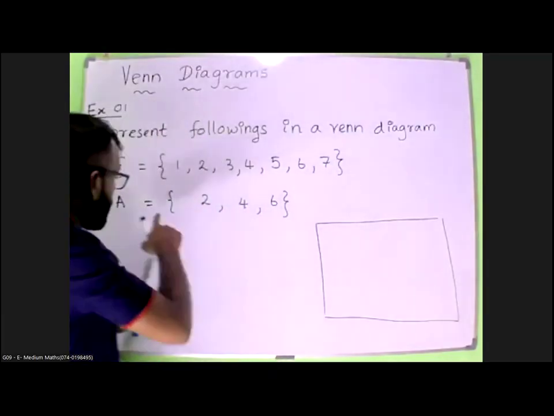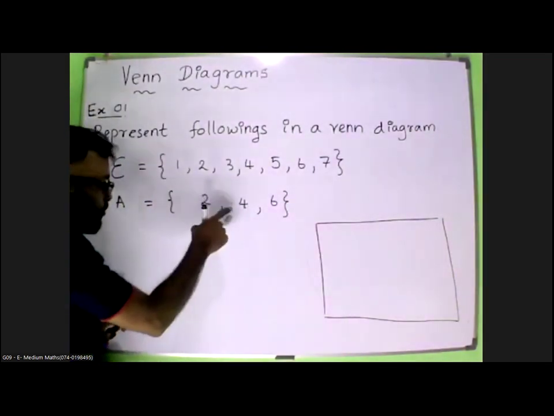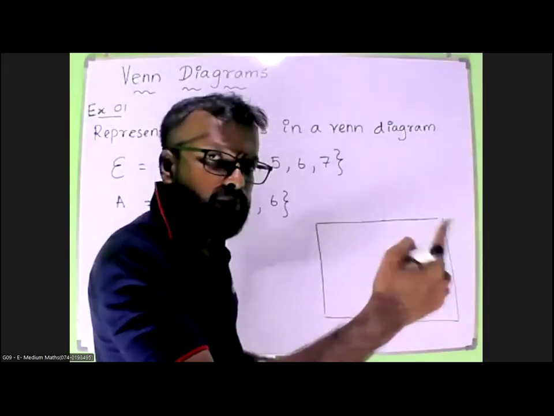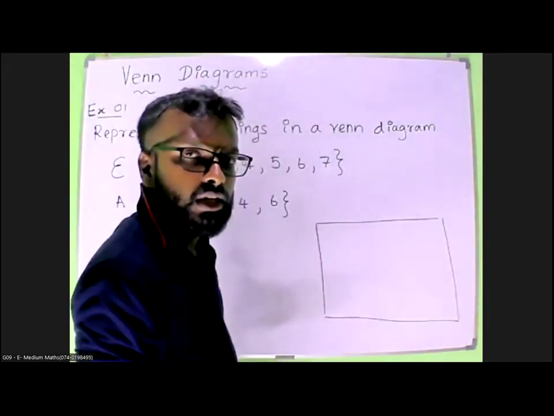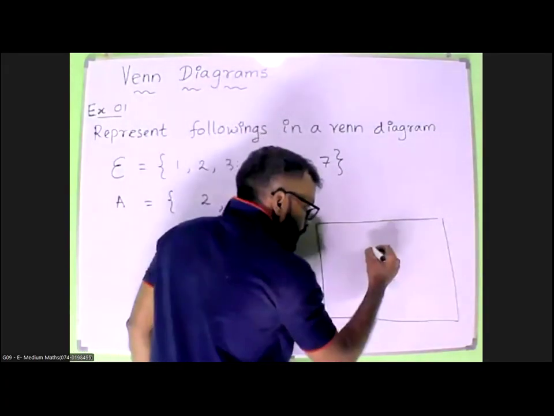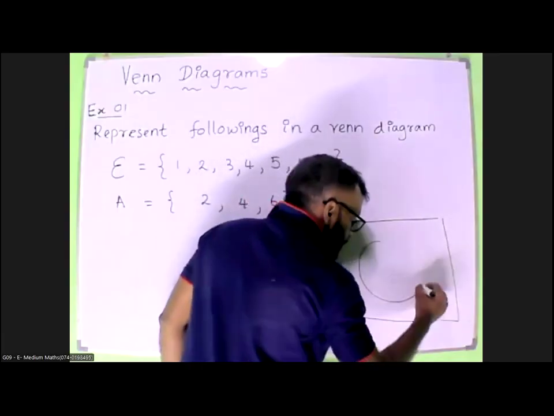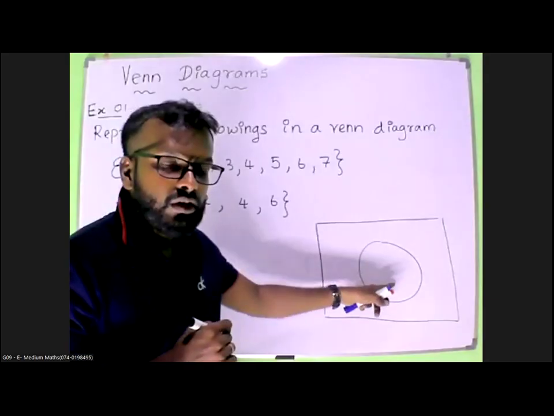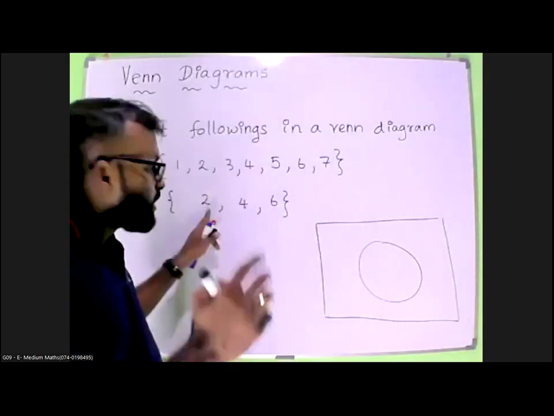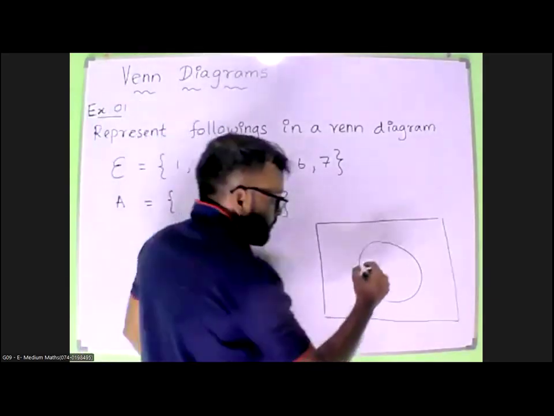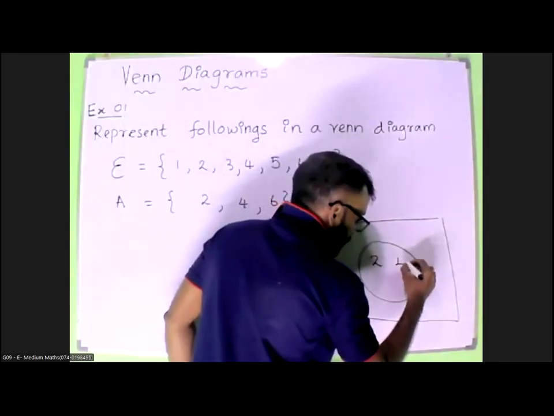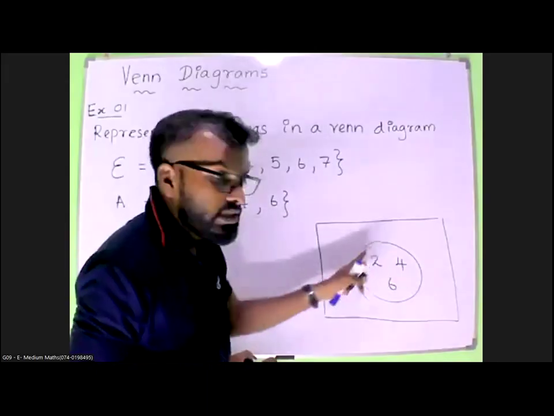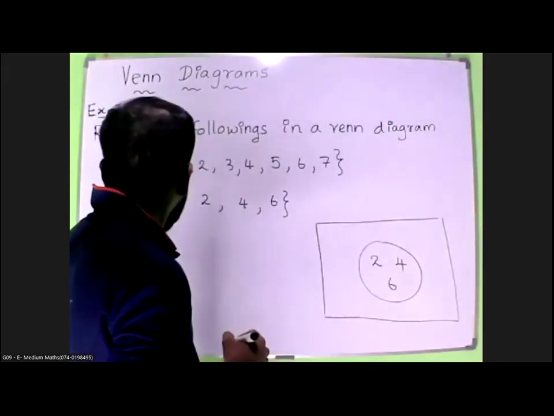So what is my subset? A: 2, 4, 6. How to represent the subset inside the universal set? By using an ellipse. Inside this, there are 3 elements: 2, 4, 6. The subset name is A.